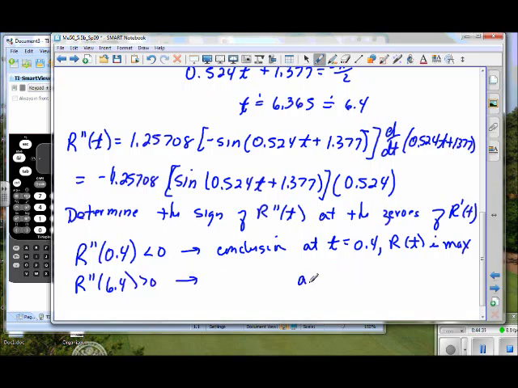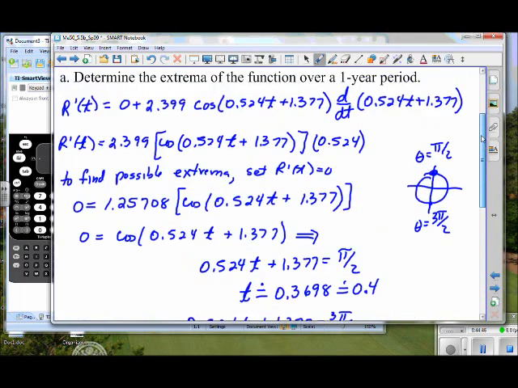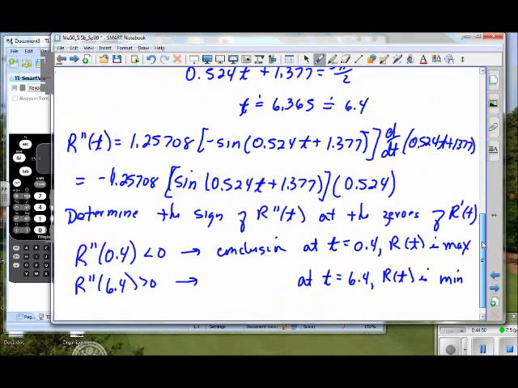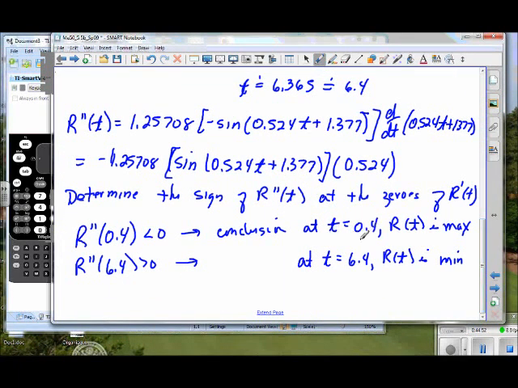Our conclusion is that at t equaling 6.4, r of t is positive, so it's opening up, so this would be a minimum. Let's go back up and check. It says determine the extrema. So we have the extrema occurring at t being 0.4 and t being 6.4.